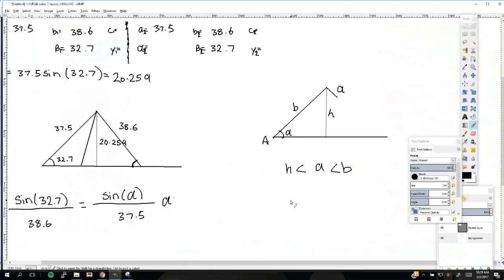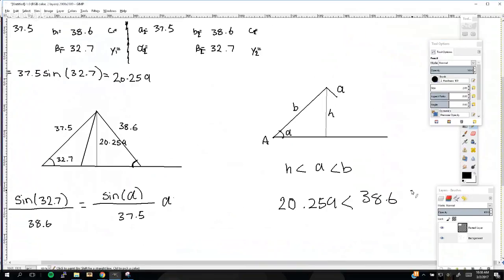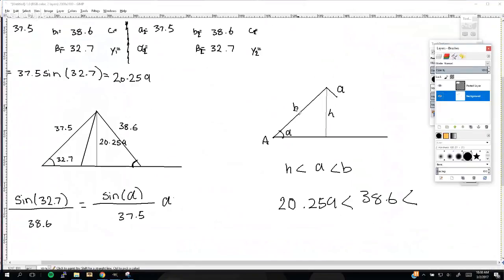Maybe I put B in there wrong. So, what was I looking at? Okay, so H in this case is 20.259, A is 3.386, and then B is 37.5. So this isn't a true statement.